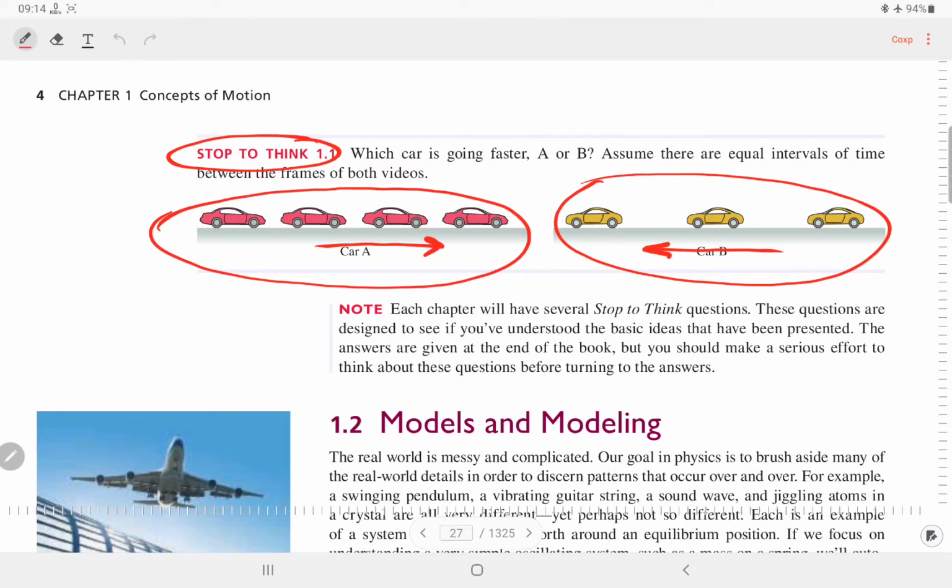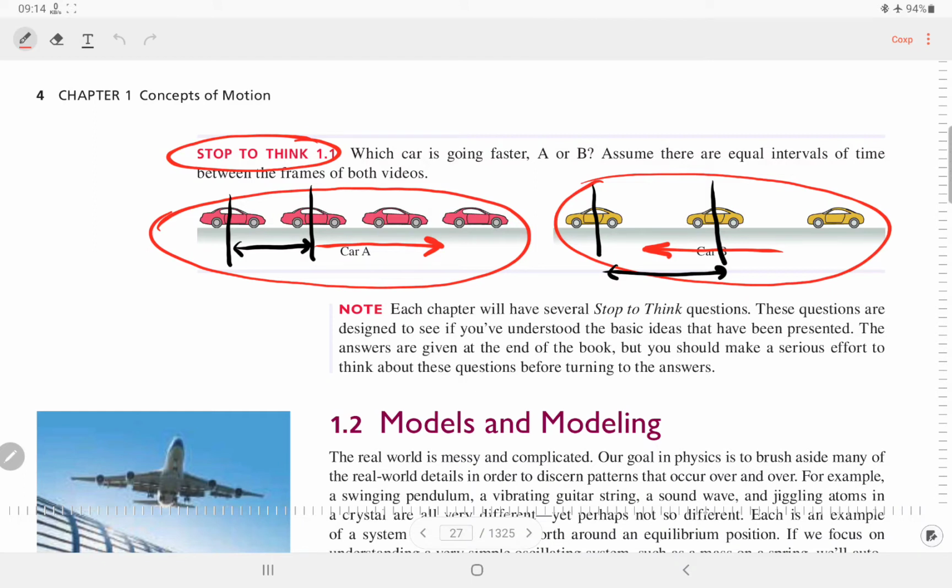So now we need to compare the distance between 2 frames. What is the distance between these two cars? Maybe 2 centimeters approximately, roughly. Between these 2 frames, it's more than 2 centimeters. It's obvious, visually.